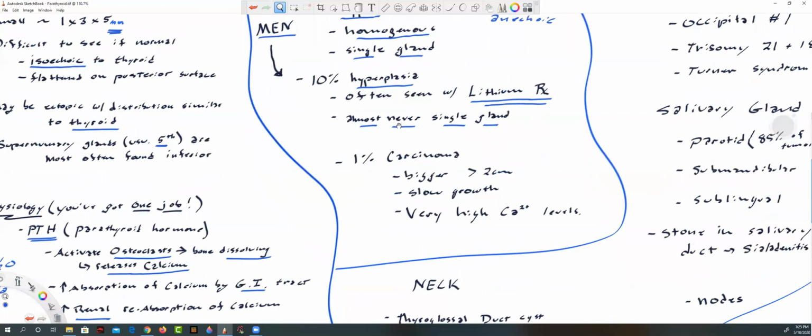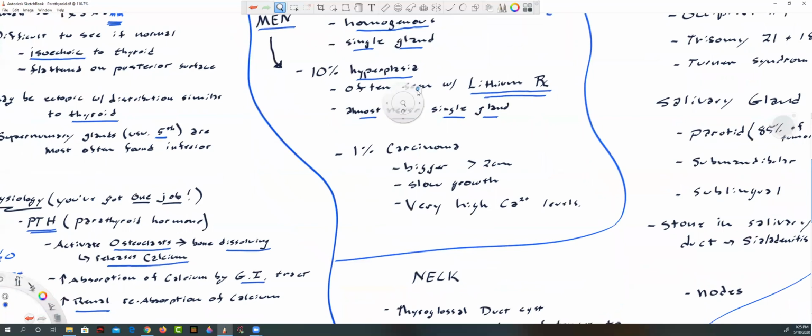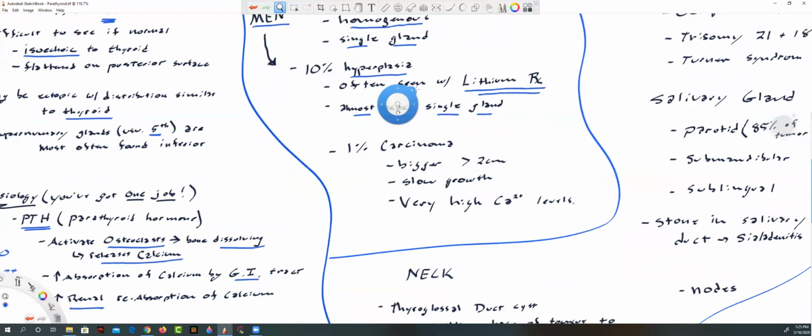And then 1%, and yes, I realize it doesn't come up to 100%, I don't care. 1% carcinoma. These tend to be bigger, greater than 2 centimeters. So not only is an adenoma or a hyperplasia going to obviously be larger than normal, carcinoma is going to be much larger than normal.